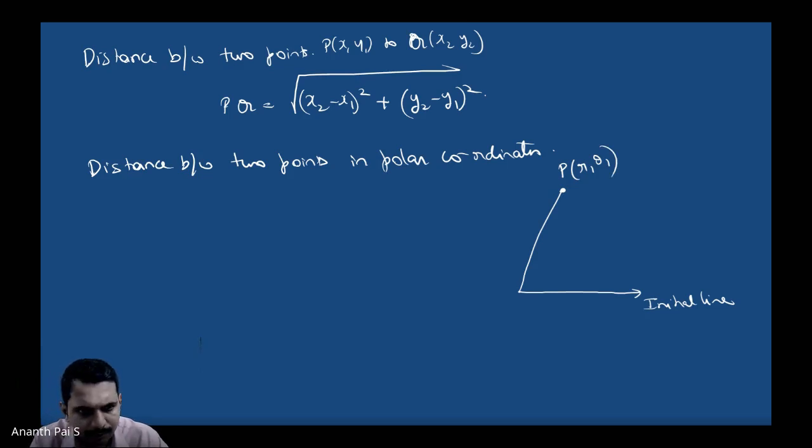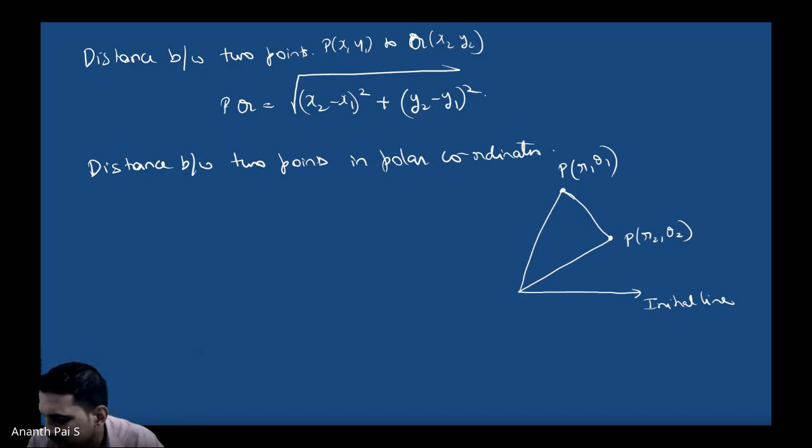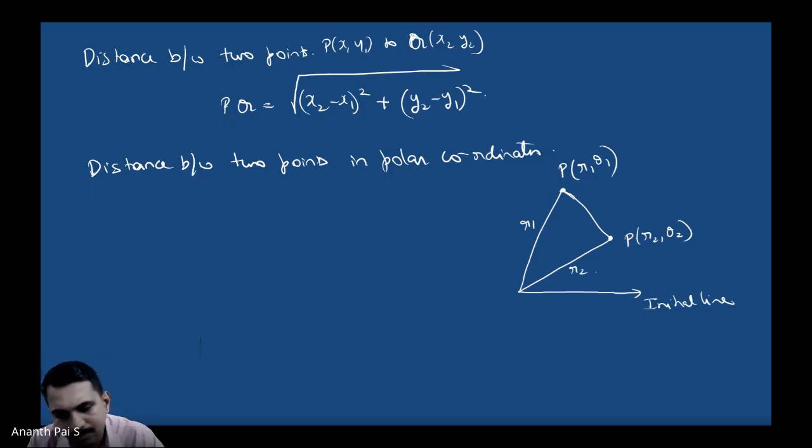You are aware of polar coordinates, Samarth ji? The distance formula in polar coordinates? Yes or no? I've forgotten it. Okay. So this becomes theta 1 minus theta 2. Correct. So this is the pole.